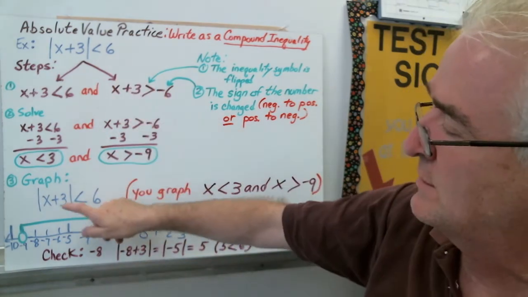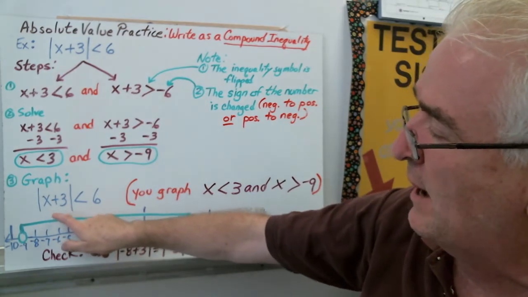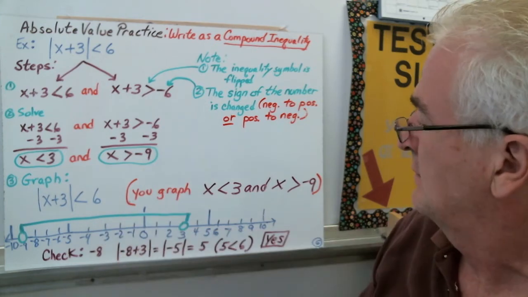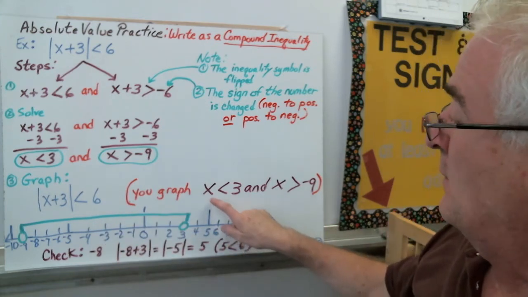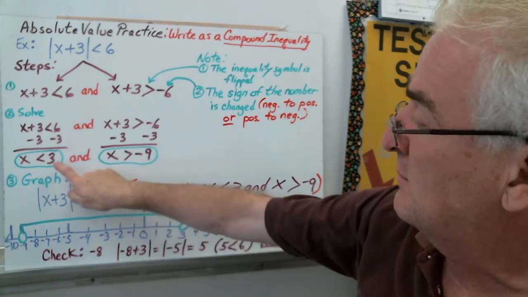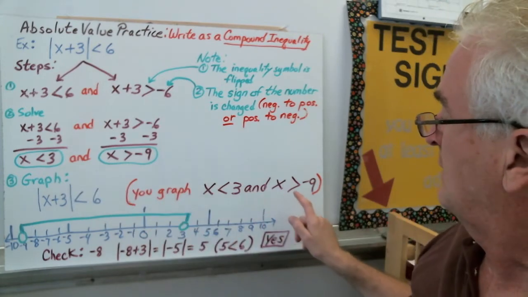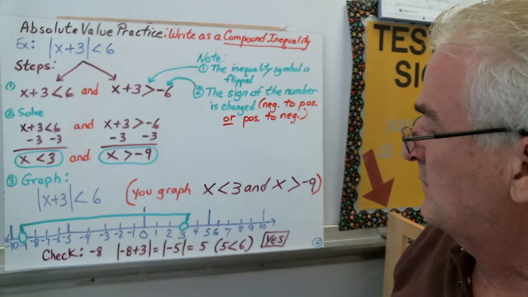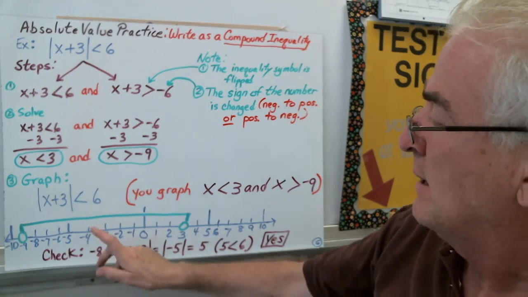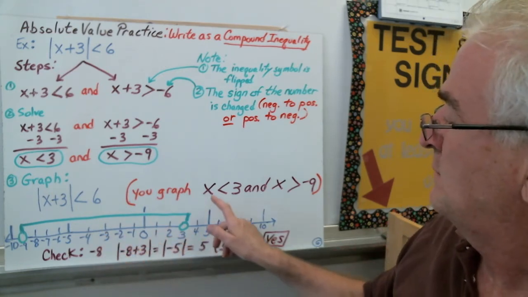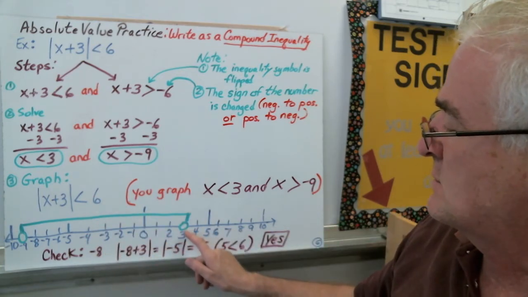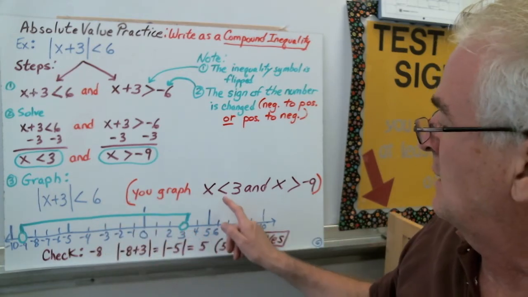So we go back to our original inequality. The absolute value of x plus 3 is less than 6. What we graph, though, is x is less than 3 from our solution here, and x is greater than negative 9 from our solution also from a few minutes ago. Here we have a circle at our 3, and we said it was less than 3.